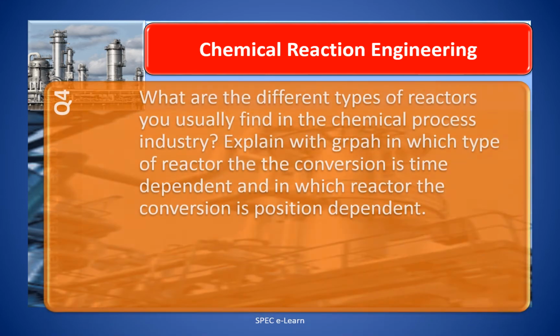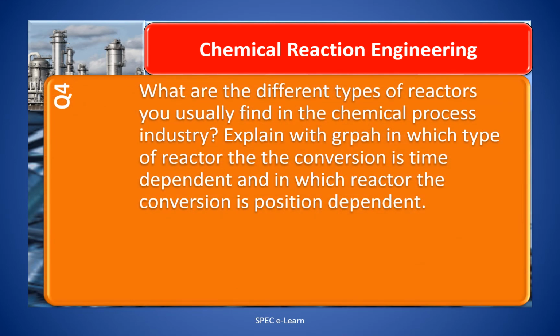Question number 4. What are the different types of reactors you usually find in the chemical process industry? Explain with a graph in which type of reactor the conversion is time dependent and in which reactor the conversion is position dependent.